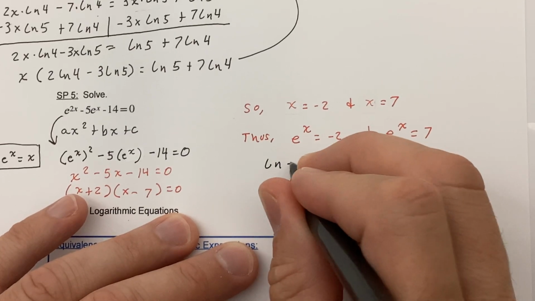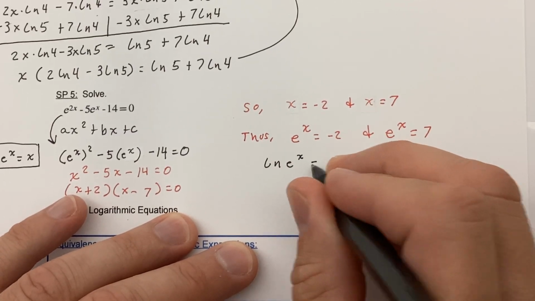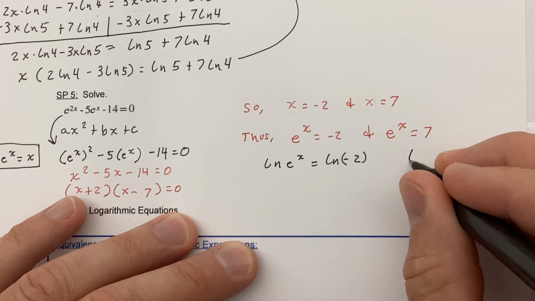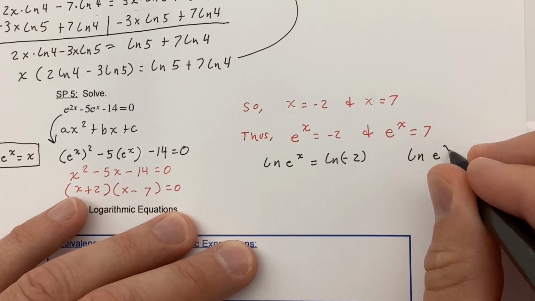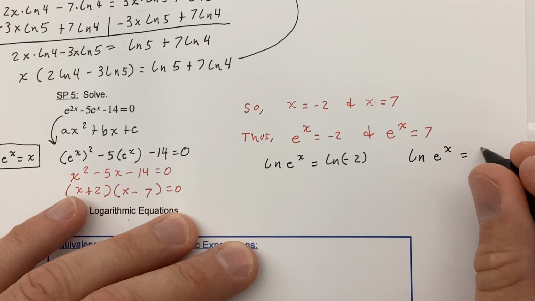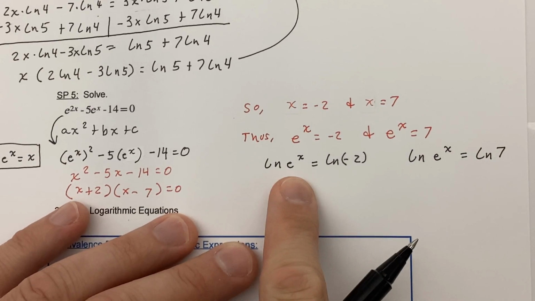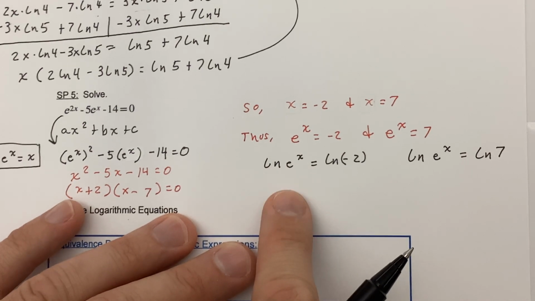I'm going to take the natural log of both sides. Natural log of base e to the x, what is this equivalent to on the left-hand side?